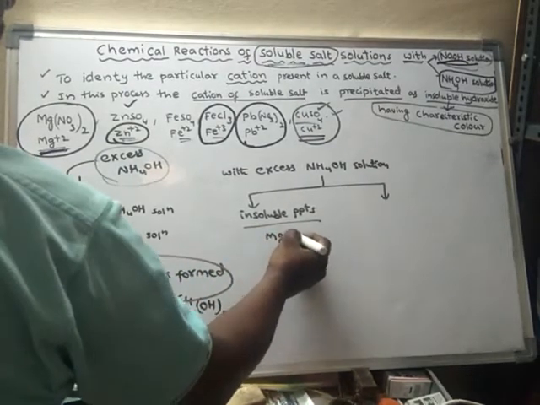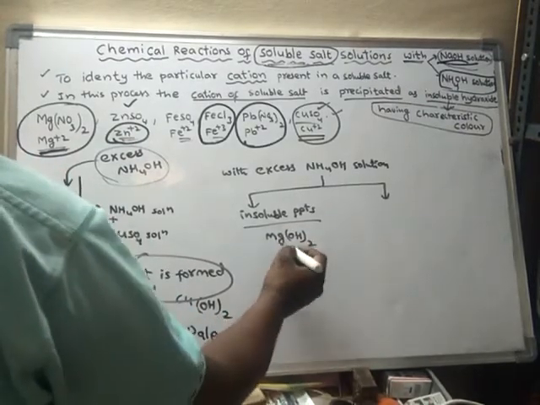Magnesium hydroxide is an insoluble precipitate.